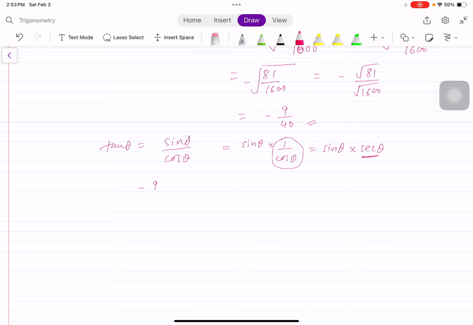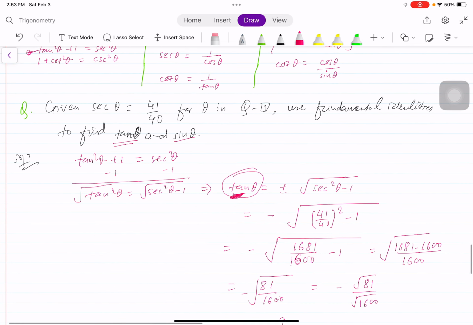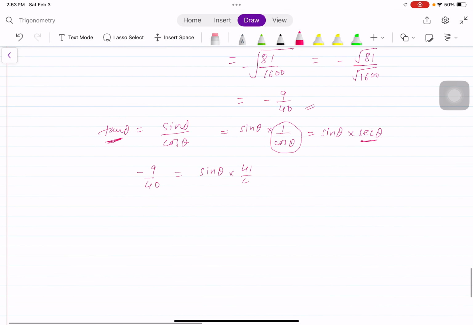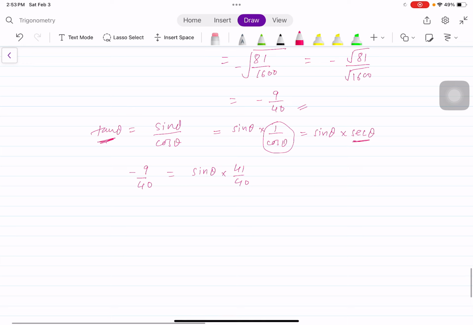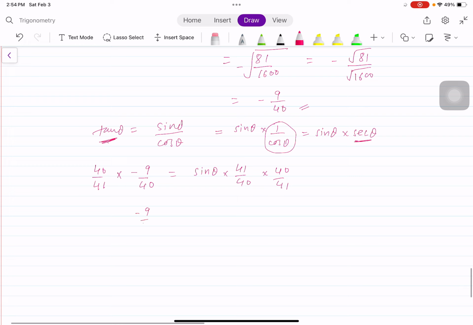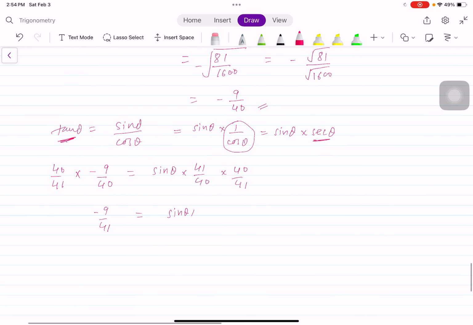I don't know sine, but I know secant, which is 41 over 40. Now I multiply both sides by 40 over 41, which gives 40 over 41 times negative 9 over 40, and the 40s go away, so negative 9 by 41 equals sine theta times 1, which is the required value. So this gives us sine theta equals negative 9 by 41.